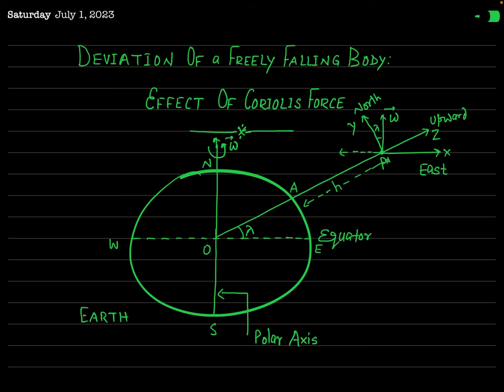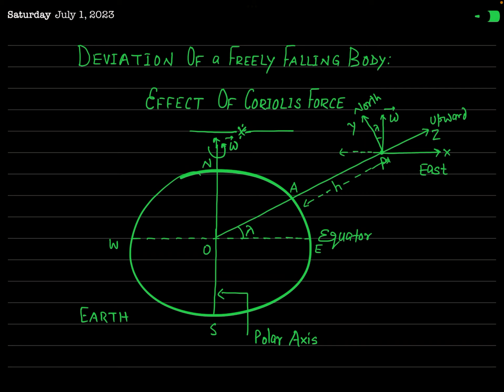So if you want to write down the equation of motion of a particle when it moves with respect to our rotating earth, you must take into account the pseudo forces along with the real forces acting on the particle.